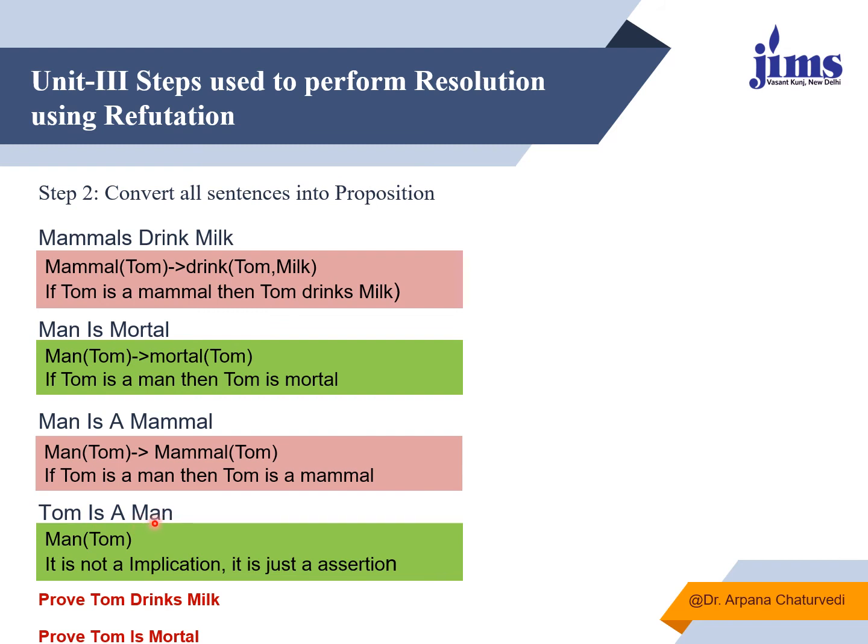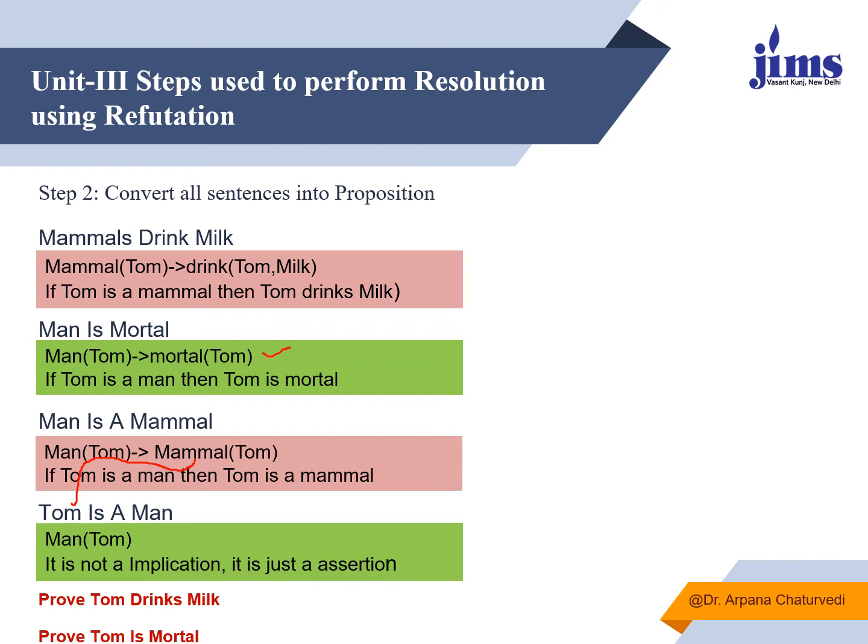So if Tom is a man and man is a mammal, it means Tom is a man and he is a mammal also. Then as we are saying man is mortal, as Tom is a man, it means Tom is mortal.